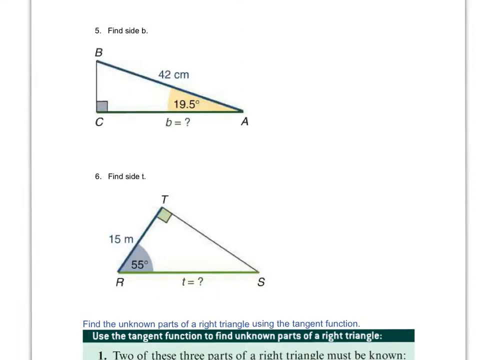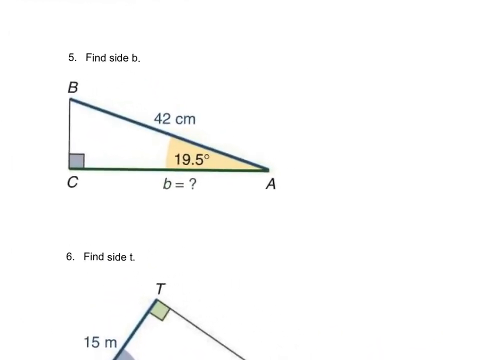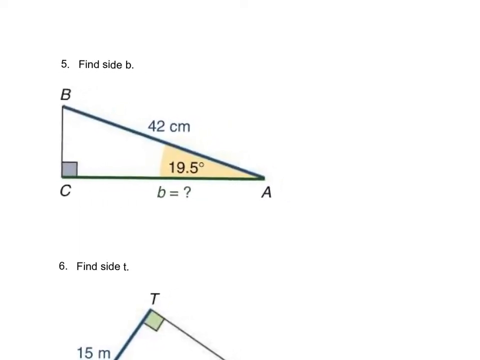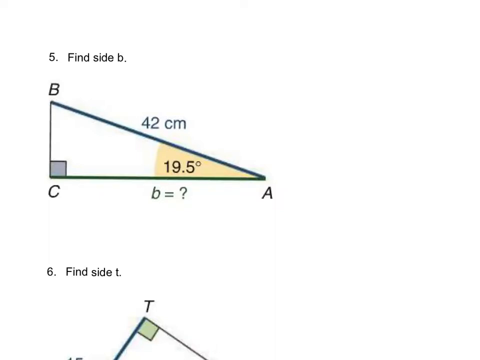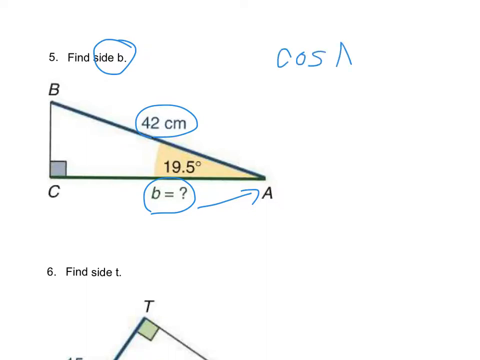So again, just depending on what they provide you, will determine which calculation you use. So in this problem, they want us to find side B, which is adjacent to angle A, and the hypotenuse is provided. So again, since we're dealing with an adjacent and a hypotenuse, we can use cosine of A equals adjacent over hypotenuse.